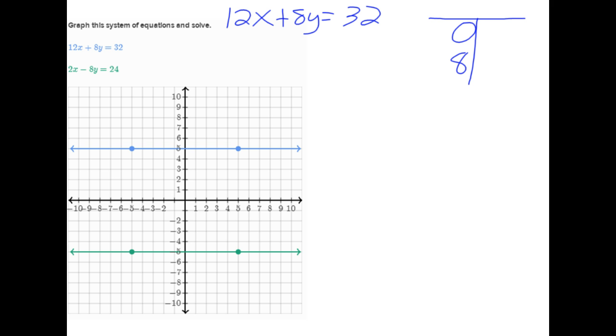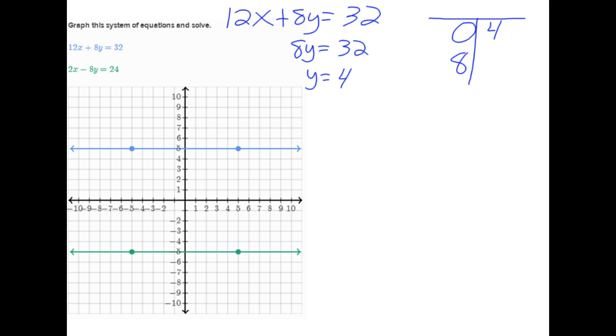So, when we substitute a 0 in, 12 times 0 is 0. So, I am left with 8y equals 32. Divide both sides by 8. y equals 4. So your ordered pair will be 0, 4.